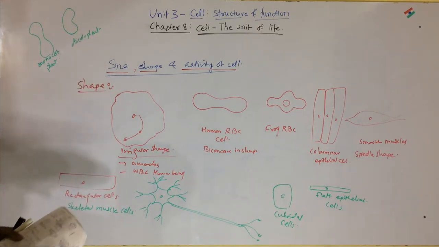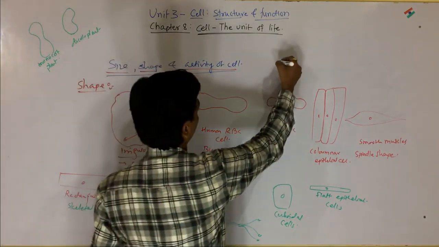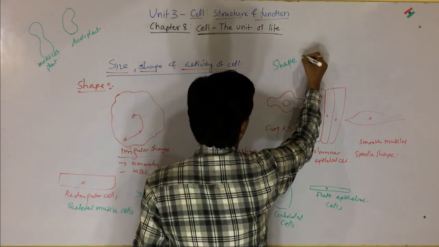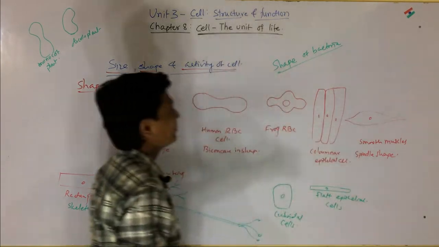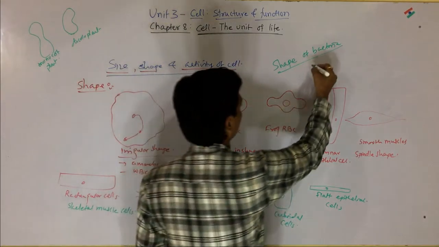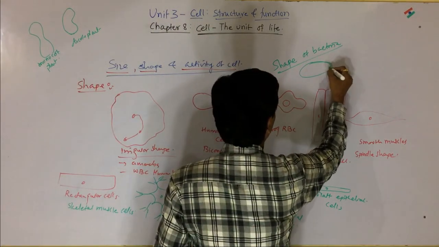If we consider the shapes of bacteria, the most popular shape is bacillus, which is oval in shape.